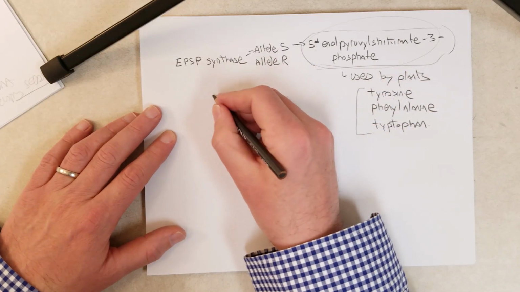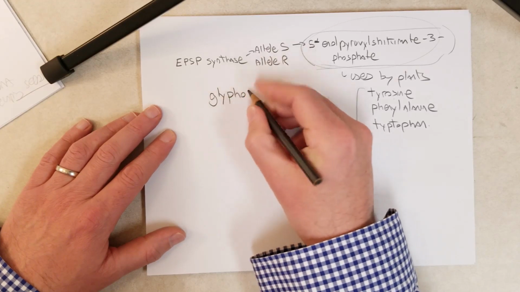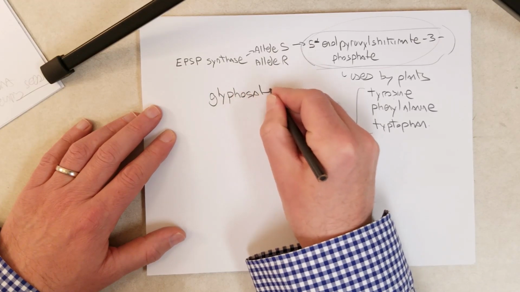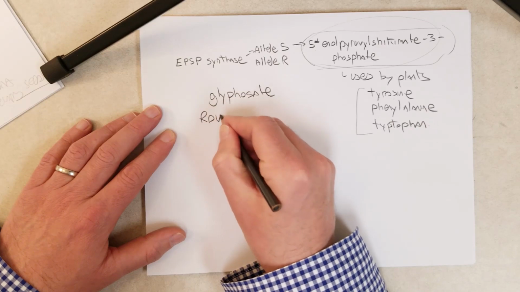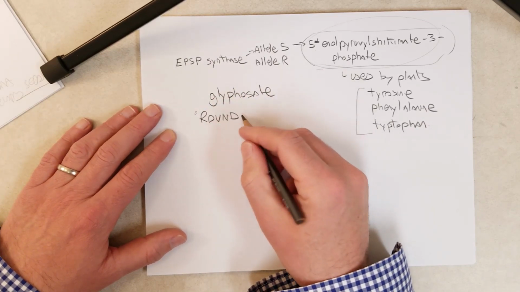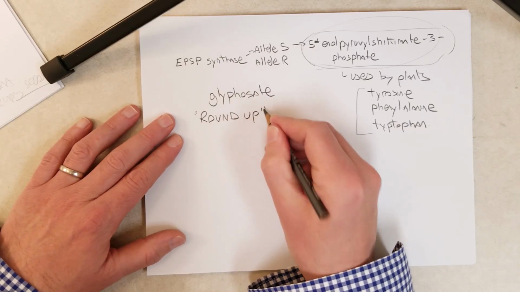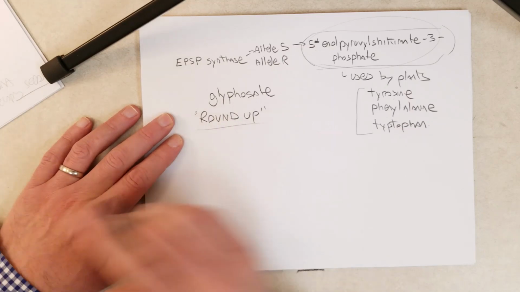Which is why there's a herbicide called glyphosate, the herbicide in a very famous, some people will call it notorious, but I think farmers love it.